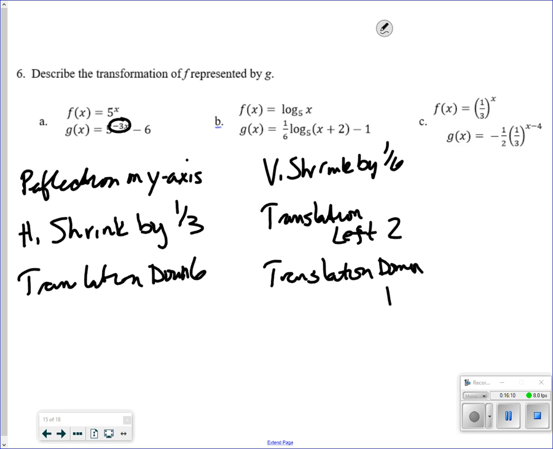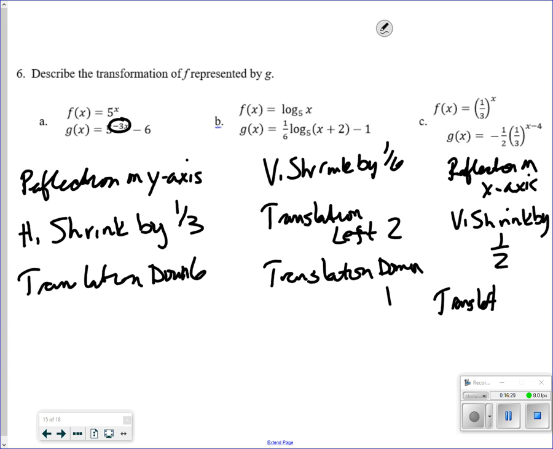And the last one, how to get the negative out in front? That is a reflection on the x-axis. Half means that's a vertical shrink by a half. And they replaced x with x minus 4, so that is a translation to the right 4.